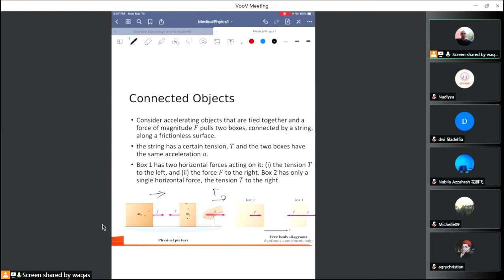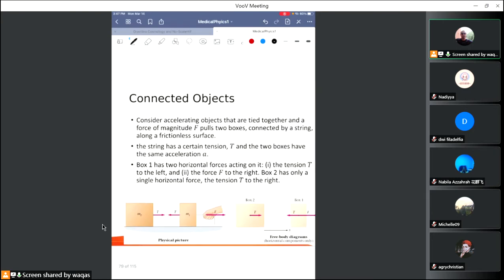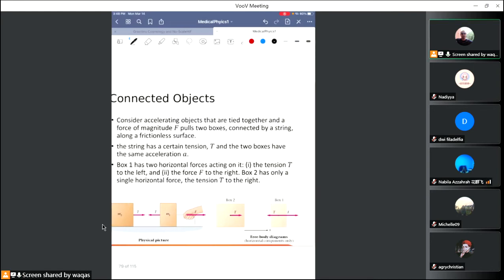So if we have two objects connected by a string, the first object has a force in this direction and the tension is in this direction, but for the second object the tension is also in this direction. This is the same slide, I put it in two times.